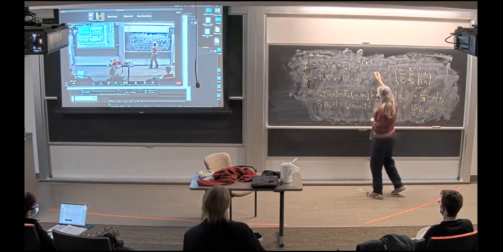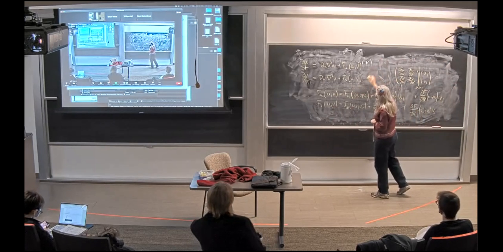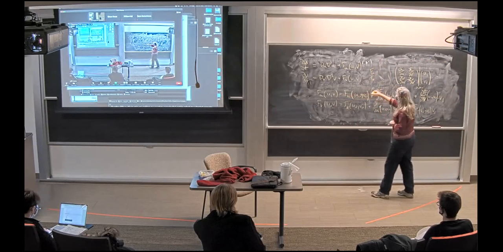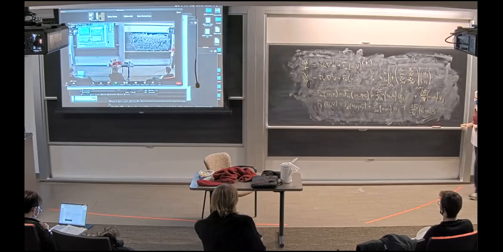So I can write this f vector, (fu, fv) at (u, v), as equal to (fu, fv) at (u0, v0) plus this thing.